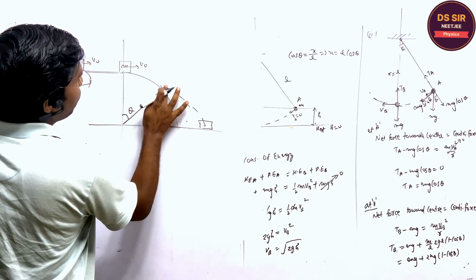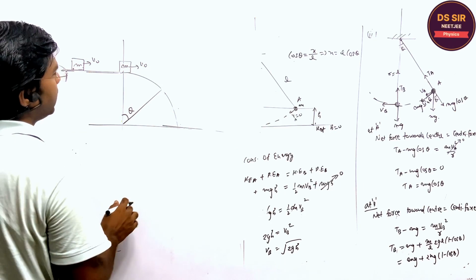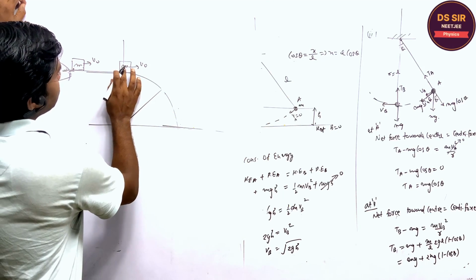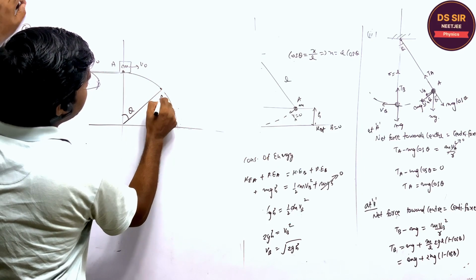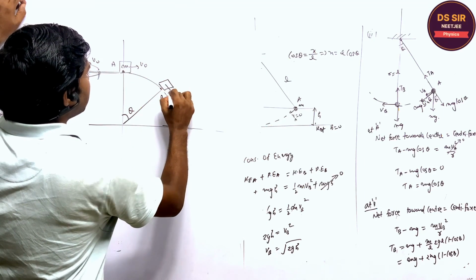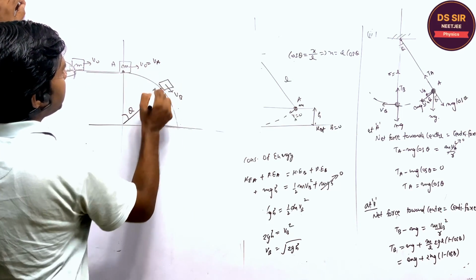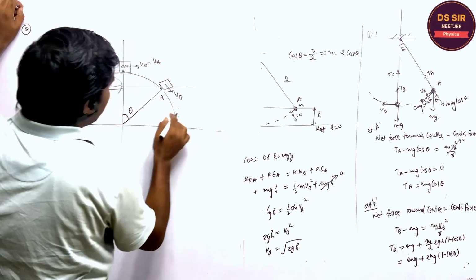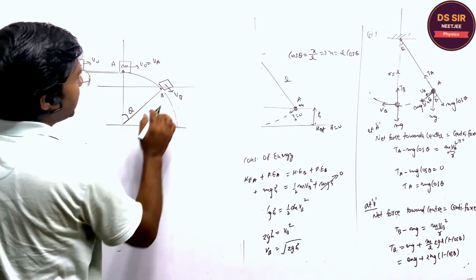So to find the angle theta where it leaves the contact, what we do: suppose this is the mass M, this is the point A initially, and at point B, when it reaches over there, the speed becomes vB. Here the speed is vA. First of all, by conservation of energy, we have to find the speed at this point.